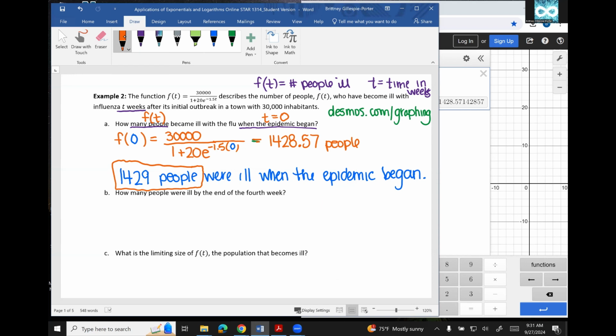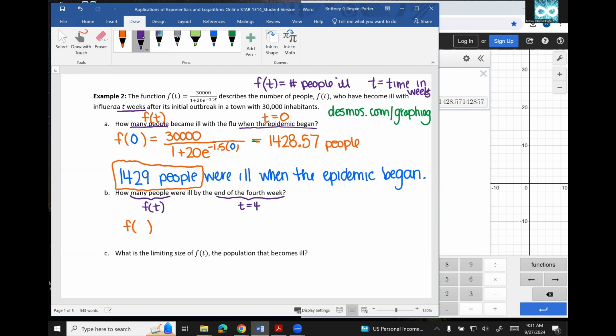Let's look at part B. It says how many people were ill. So if they're asking how many people, we know we're trying to find f of t. And it says end of the 4th week. So end of the 4th week means that t is equal to 4. So this time, we're trying to find f of 4.